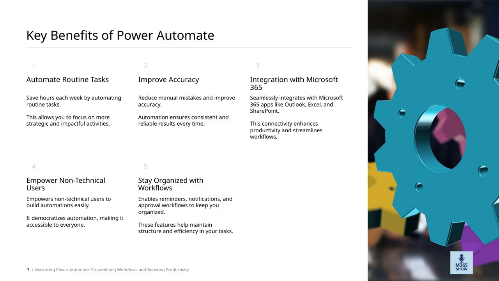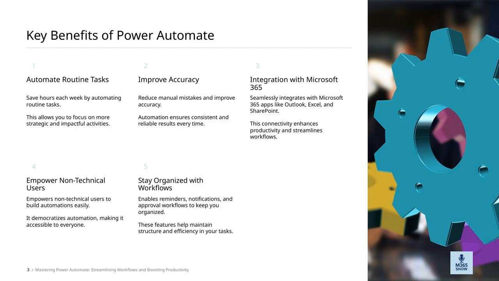This is a game changer because it democratizes automation, making it accessible to everyone, regardless of technical background. Another important benefit is its seamless integration with Microsoft 365 apps like Outlook, Excel, and SharePoint. This connectivity not only enhances productivity, but also streamlines your workflows, so you spend less time switching between apps and more time focusing on your work.